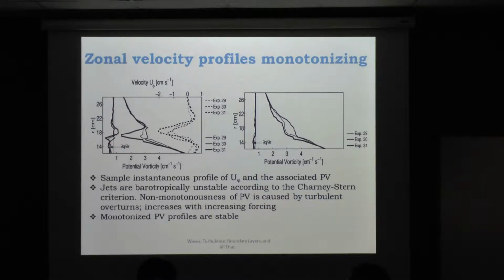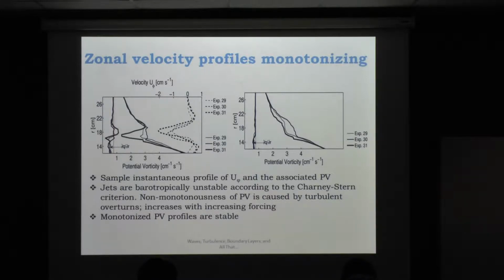If you take a monotonic vorticity profile, the thing will be stable. You will not get any turbulence in it. So this is what happens after monotonizing. This is monotonized potential vorticity, and this is non-monotonized potential vorticity. So after monotonizing, you don't have any turbulence. It's all stable. So if you think that you can study this kind of flows by monotonizing potential vorticity, you are going to miss turbulence.